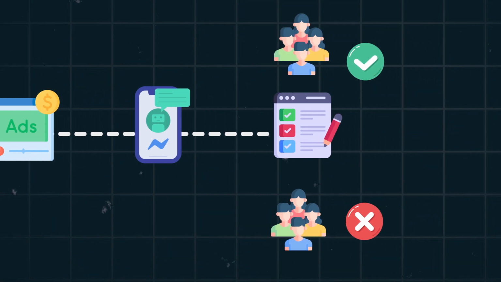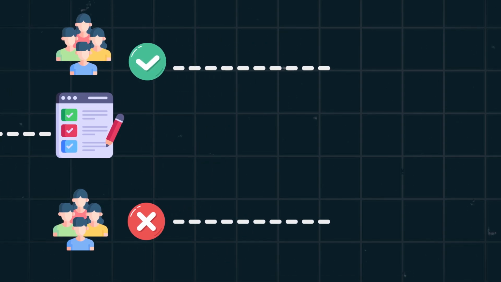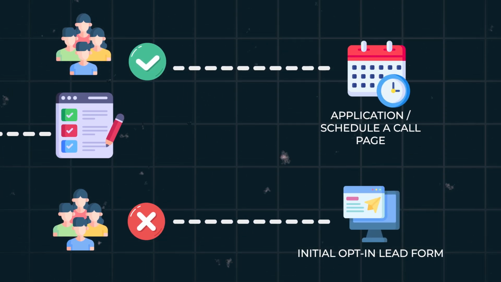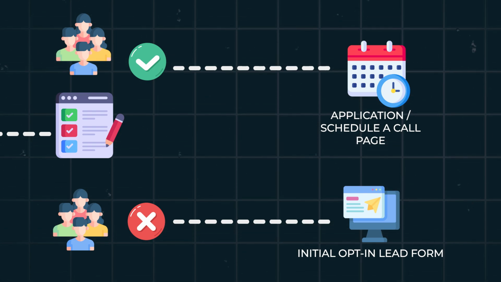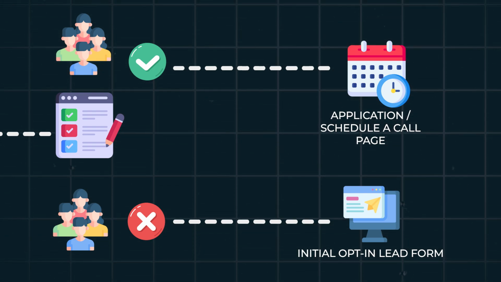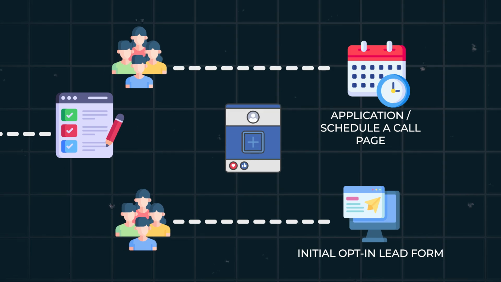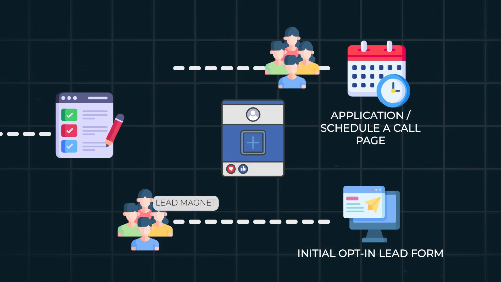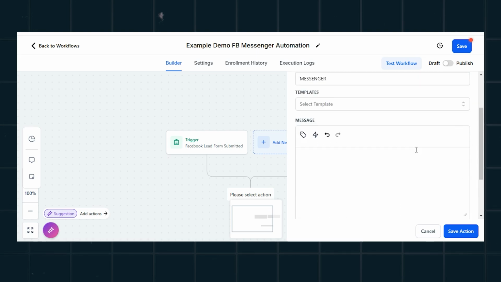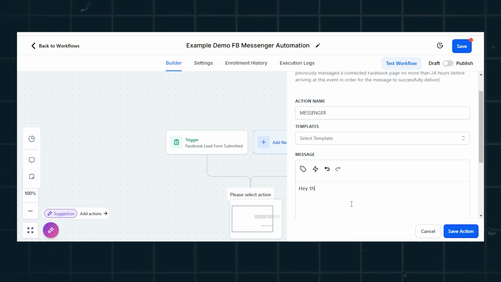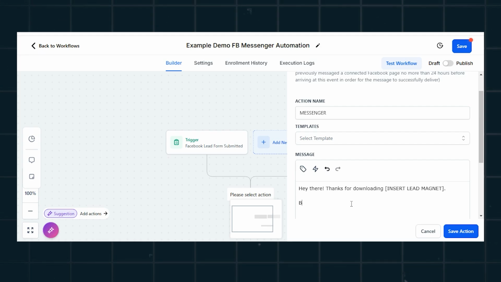You can then boost posts to segmented groups of people with the engagement campaign on Facebook and give people who did fill out the lead form the next call to action, which would either be to fill out your application or survey if you want to ask more qualifying questions, or to schedule a call with you. So when each group comments their corresponding keywords on their corresponding Facebook posts, you can set up the automation here to Facebook message them a link to whatever it is that they need. Your landing page with the opt-in form and lead magnet, or your calendar page.